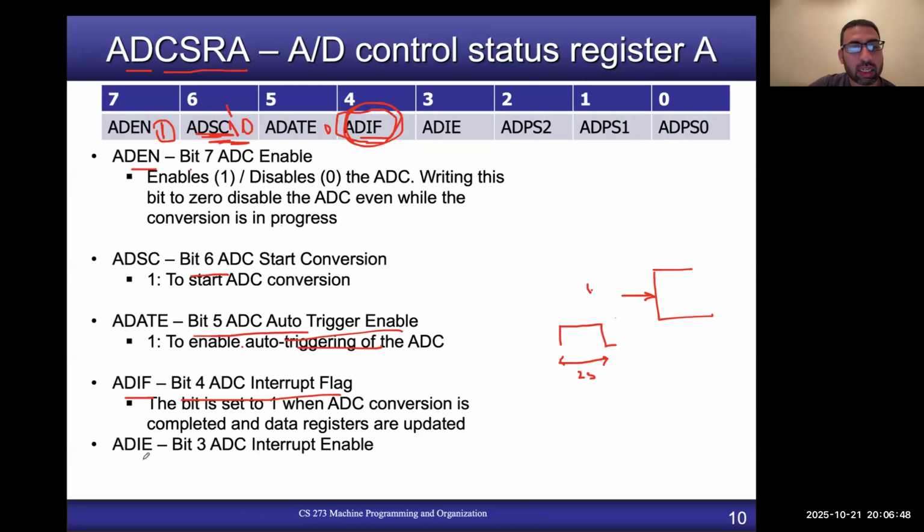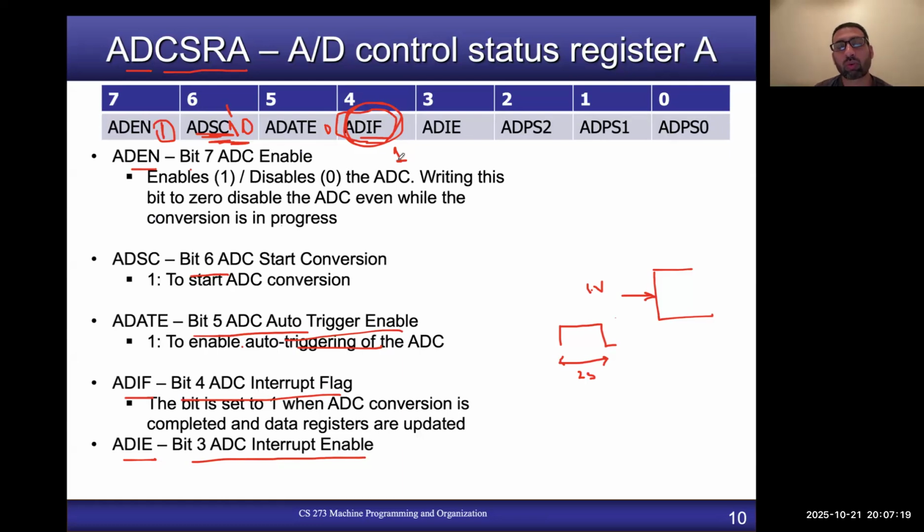Okay, ADIE. So it is bit 3, ADC interrupt enable. Basically, when a conversion is completed, for example, you read a 1 volt signal from here and you convert it into 8-bit digital form. How do you know the conversion is completed? By reading this bit. When this bit is equal to 1, it means the conversion is completed. So once the conversion is completed, what to do? You need to do something with that 8-bit digital value which is placed in ADCL and ADCH, right?